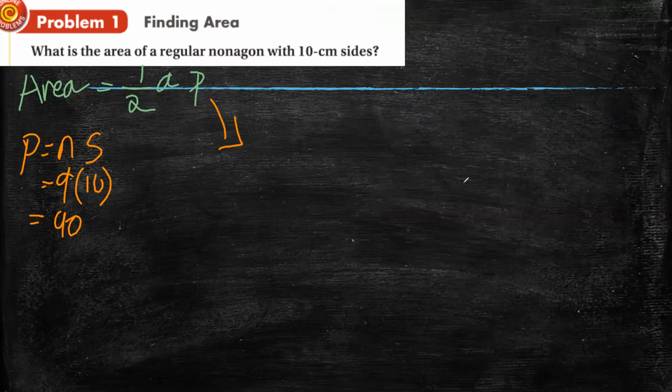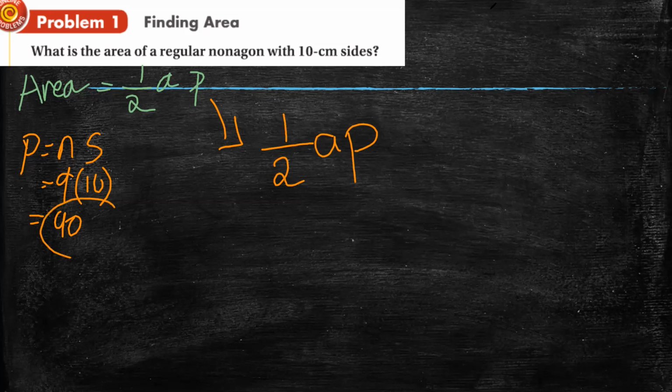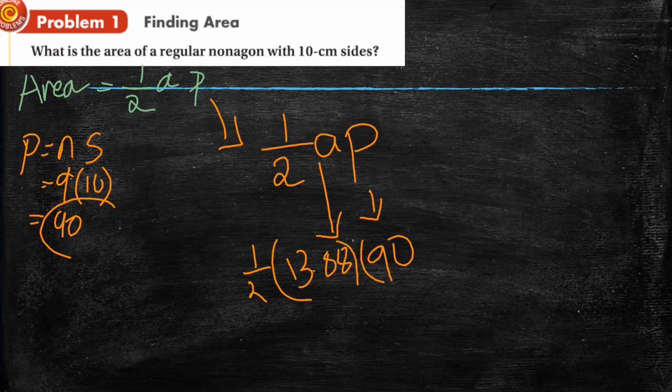As we said, the area is half AP, and we found that the perimeter is 90, and we found that the apothem is 13.88, which we solved using trigonometric functions. Times half, we can get the area of the polygon. So 45 multiplied by the answer. So the area will be approximately 625 centimeters squared.